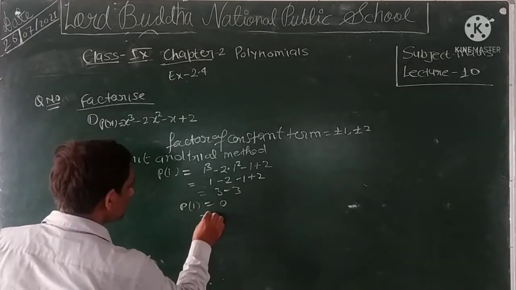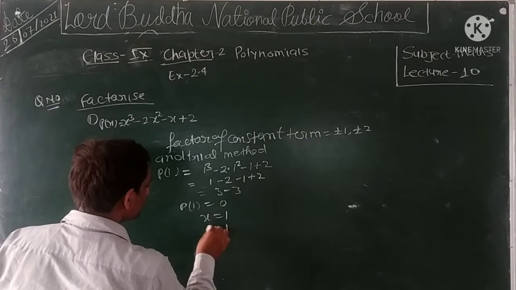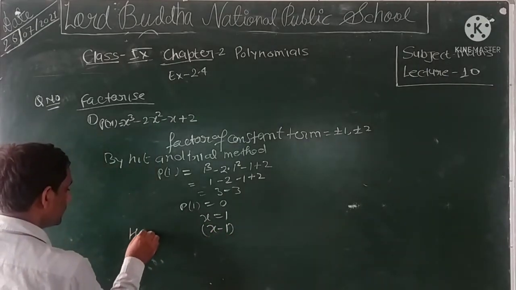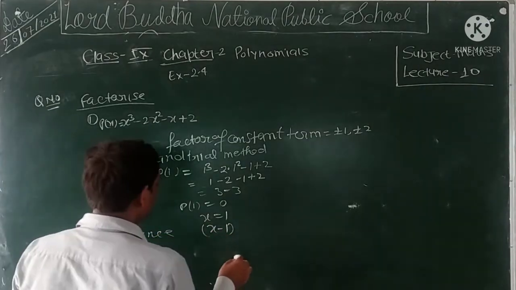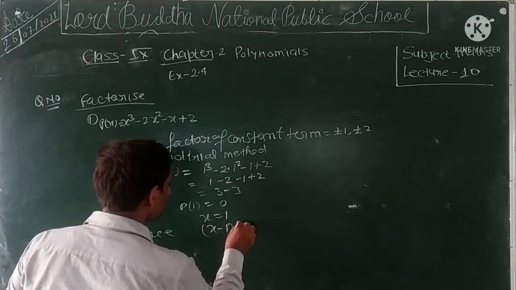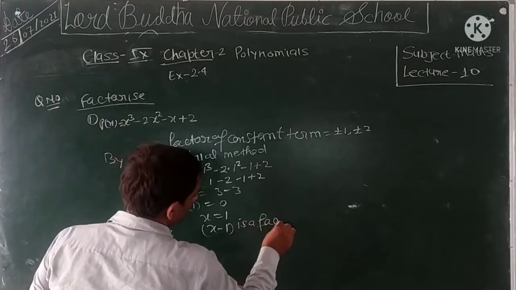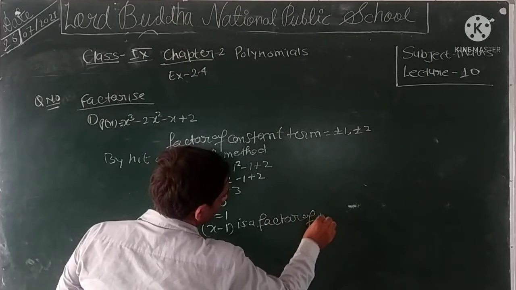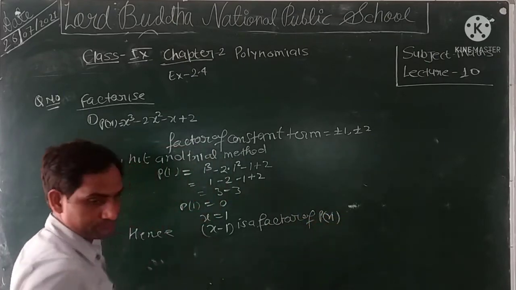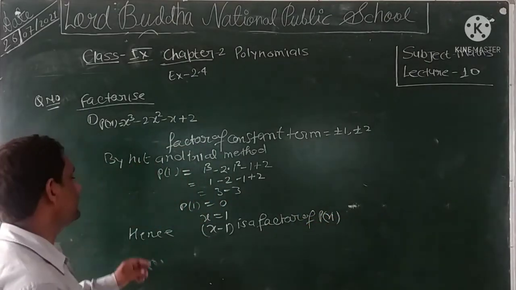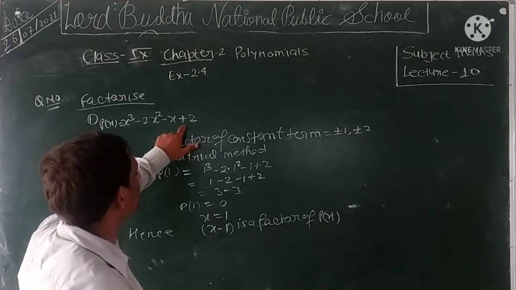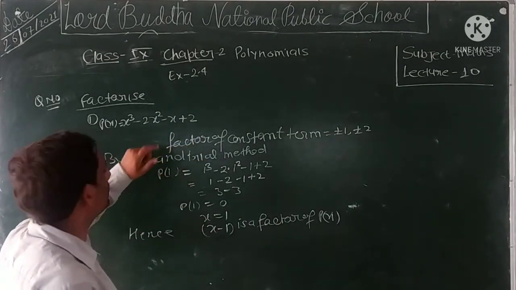We put here x equal to 1, hence because P(1) equal to 0, x minus 1 is a factor of P(x). As we know that when any polynomial is divided by its factor, then remainder will be 0.